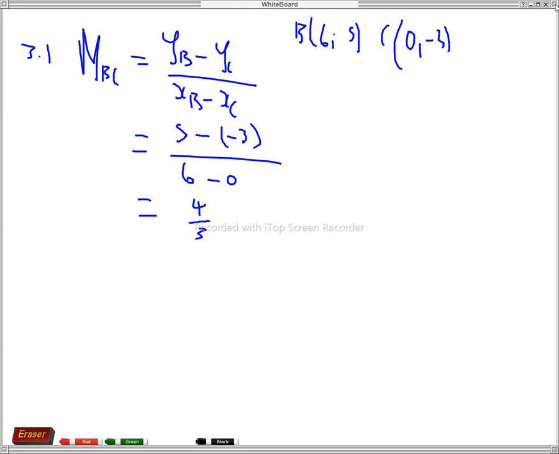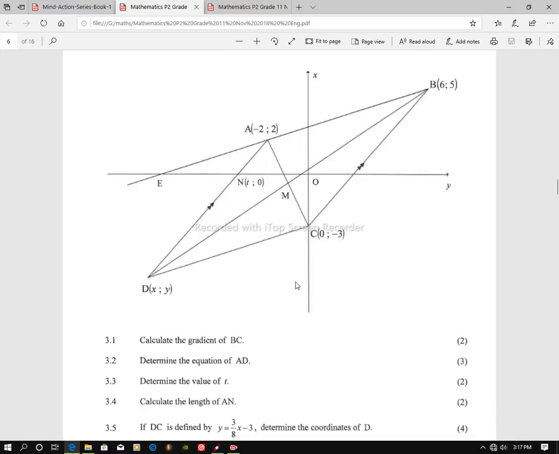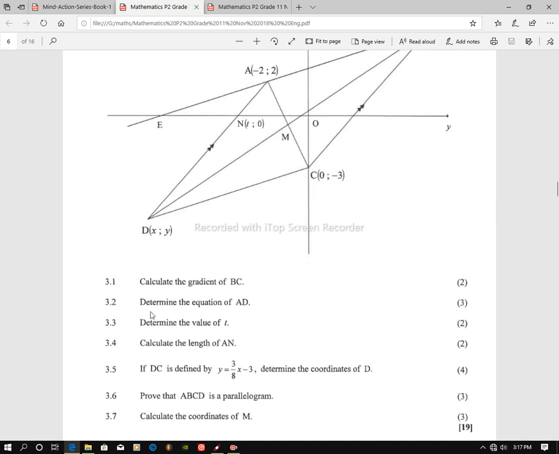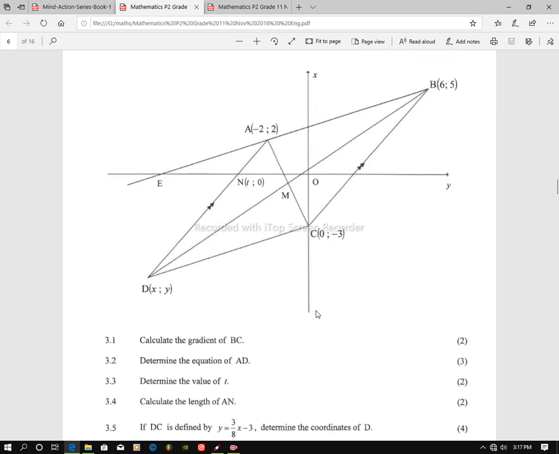So moving forward, let's move to the next question. They say 3.2, determine the equation of AD. Do you still remember? They said that AD is parallel to BC. So automatically we have the gradient of AD, because we calculated the gradient of BC.